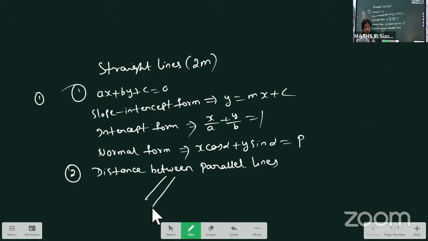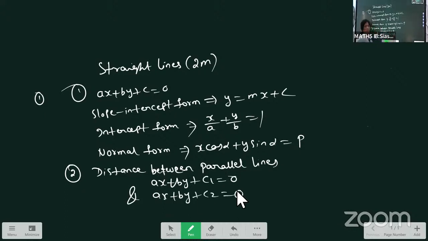For example, the general parallel lines we take are ax plus by plus c1 is equal to 0 and ax plus by plus c2 is equal to 0. What do we observe? The coefficients of x and y are the same in both equations. Only the constant is different. Such lines are called parallel lines.